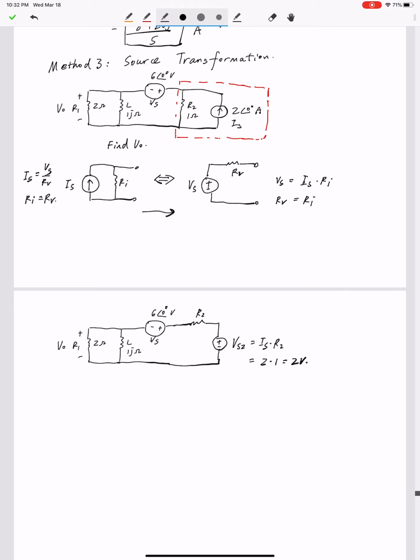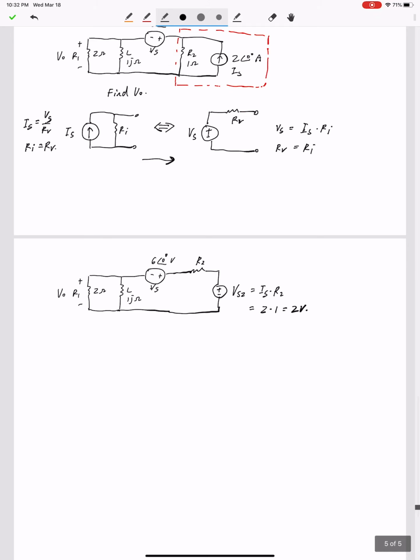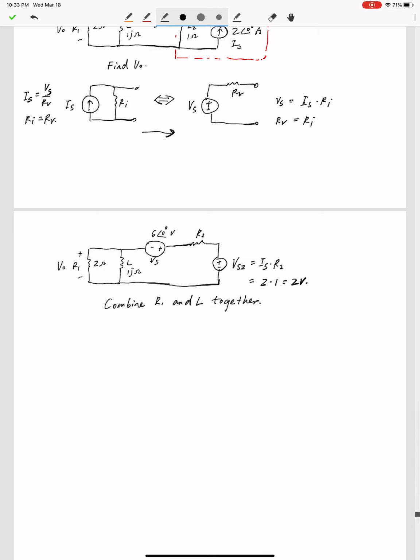Right, so in this circuit, the next step we can do is combine R1 and L together because they are connected in parallel, which means the voltage on R1 is also the voltage on the inductor L, right? Let's name the impedance after the combination as Z1.